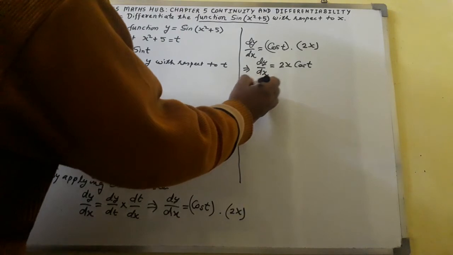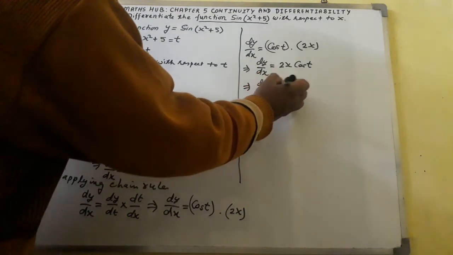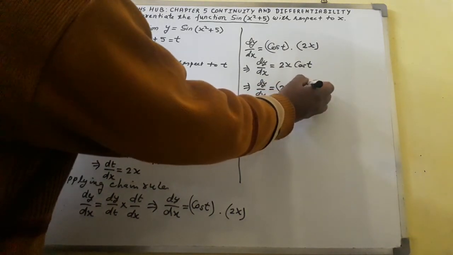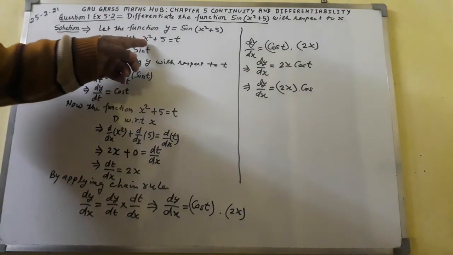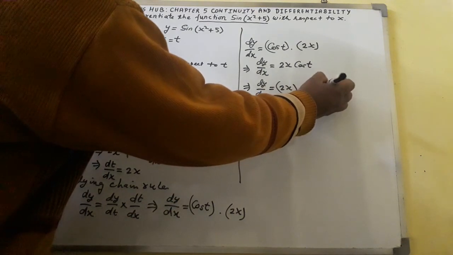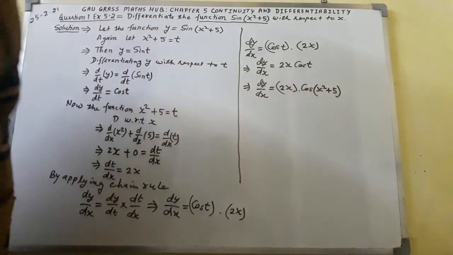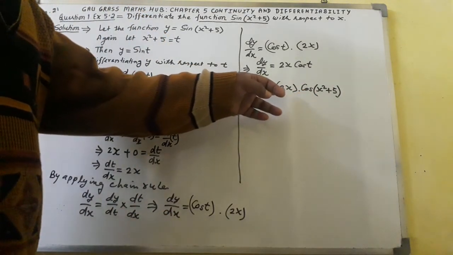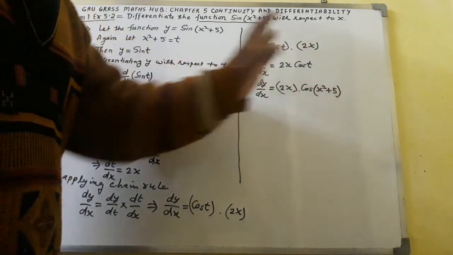You will get dy over dx is equal to 2x dot cos, and in place of t I shall write x square plus 5. So here you have got dy over dx equal to 2x dot cos in bracket x square plus 5.